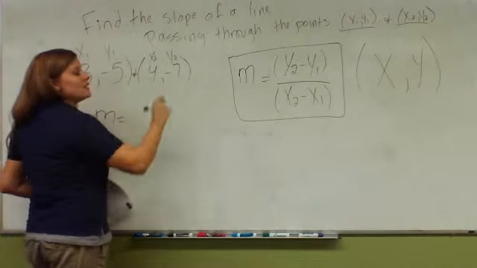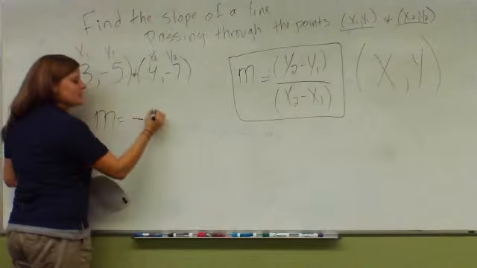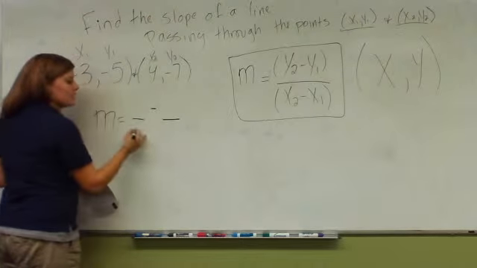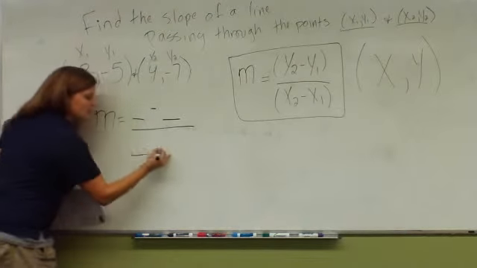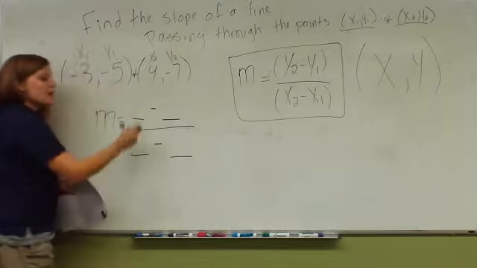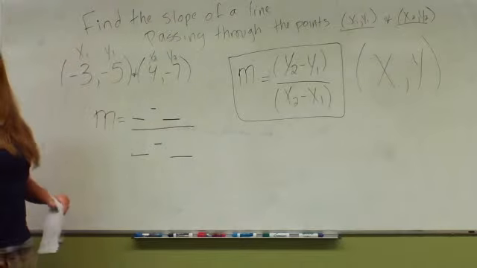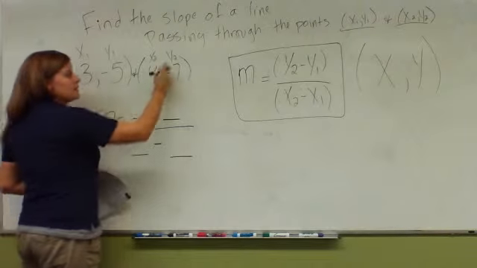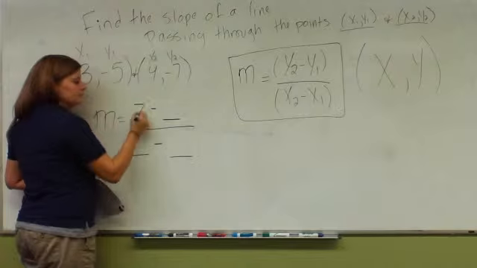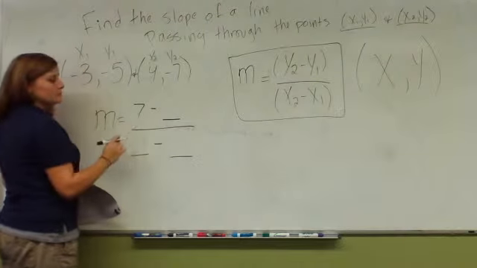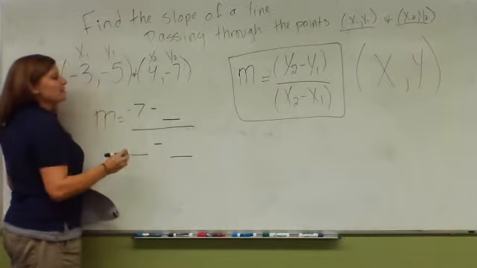All right, so I'm literally going to plug this in. I'm going to have a number minus a number divided by a number minus a number. That minus sign is never going to change. Never, ever. So I'm going to find my first number. My first number is negative 7. Negative 7. Good job. All right.